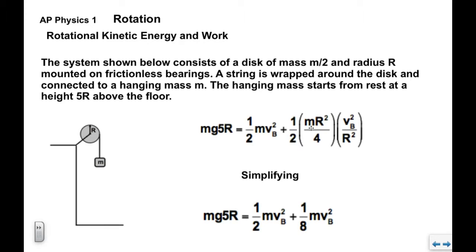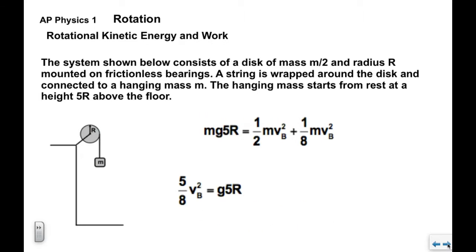We'll find that the r's will cancel here on the right, and we end up with 1/2 mv squared plus 1/8 mv squared. We'll do a common denominator, put those together, we'll get 5/8 vb squared equals g times 5r. The m cancels on both sides, and we get a pretty simple expression for the final velocity of the hanging mass as it reaches ground level.